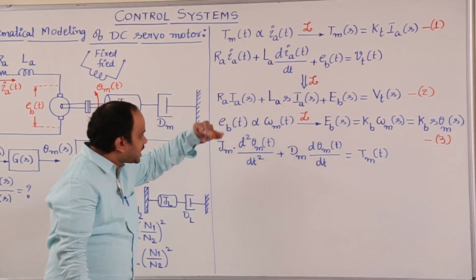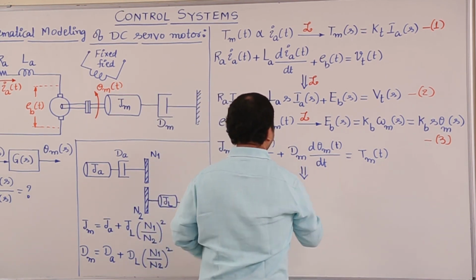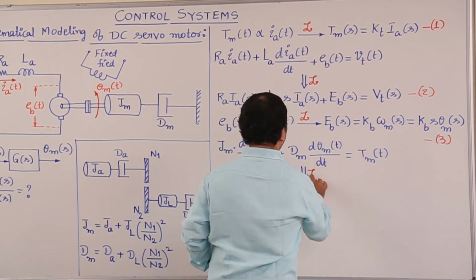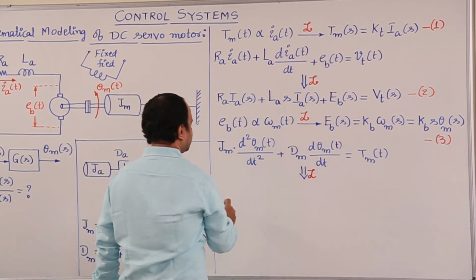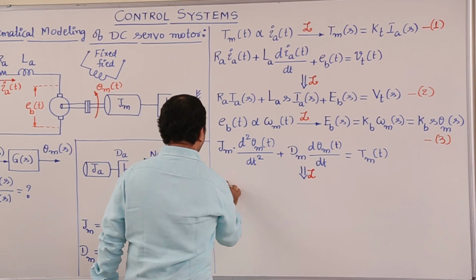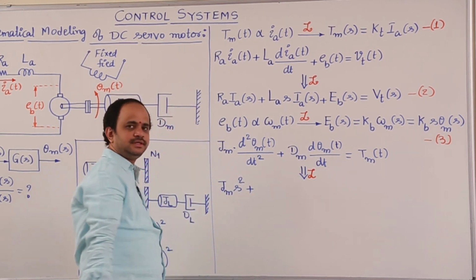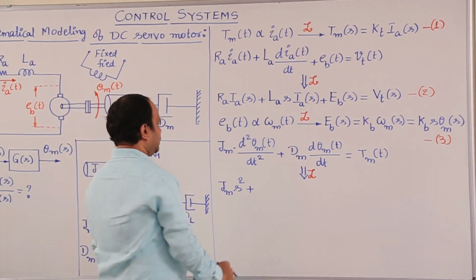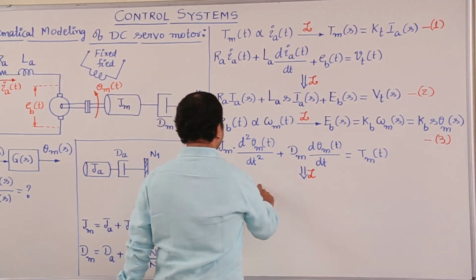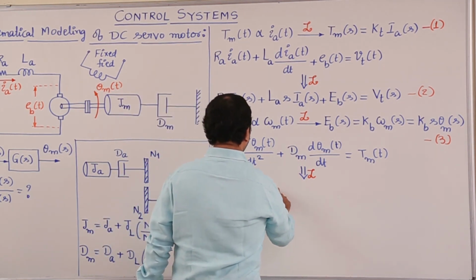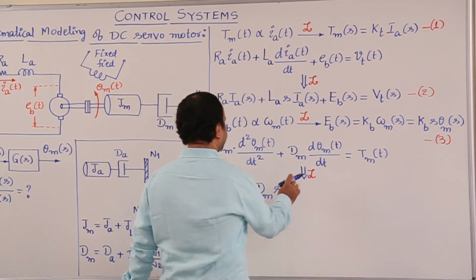Now let us convert this into Laplace domain or S domain. So if I write the Laplace transform for each term, we will get it like this: Jm multiplied with S square. Again, initial conditions are assumed to be 0. Dm multiplied with S into theta.